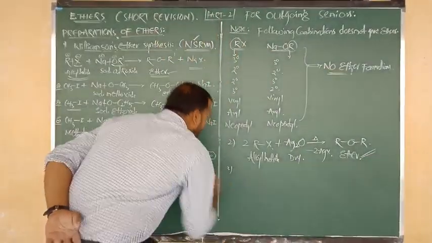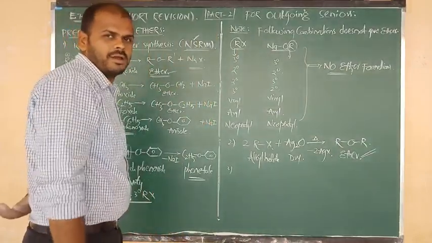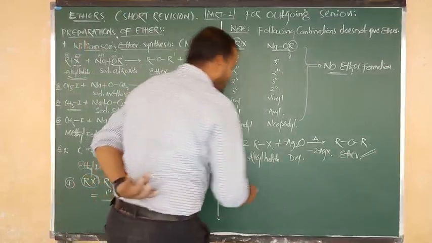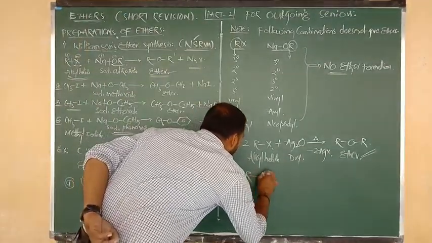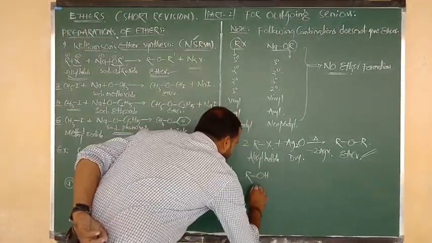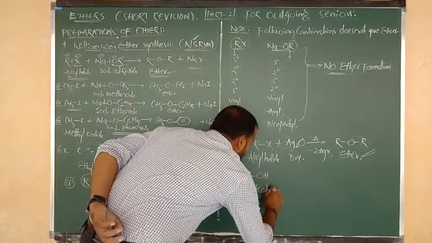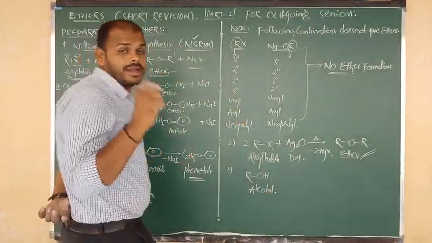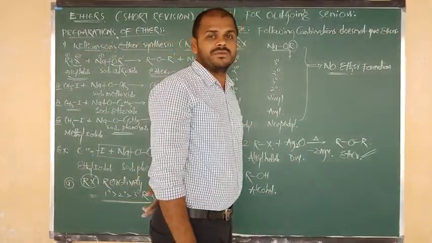Good. So consider another preparation of ether, that is by using the diazomethane compound. Alcohol, what is the formula of alcohol? ROH. Suppose it undergoes reaction with diazomethane. Try to remember the formula, it is very important.